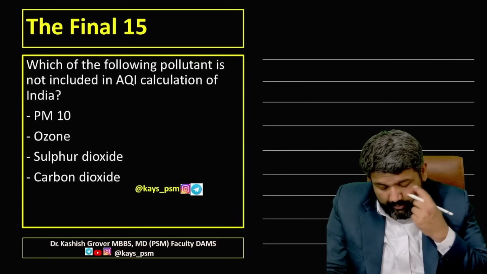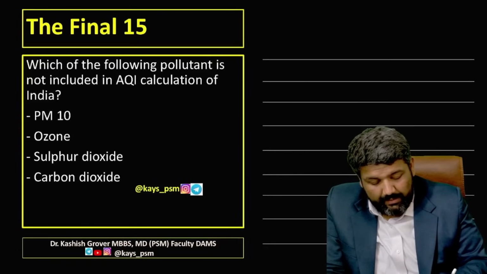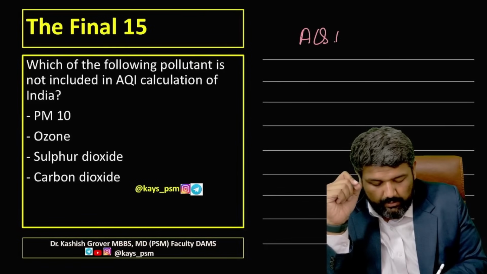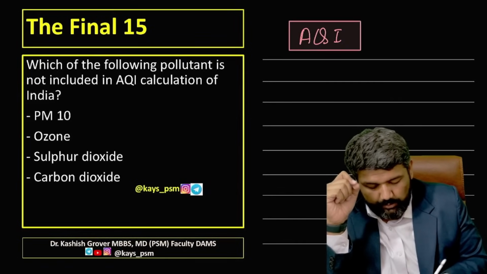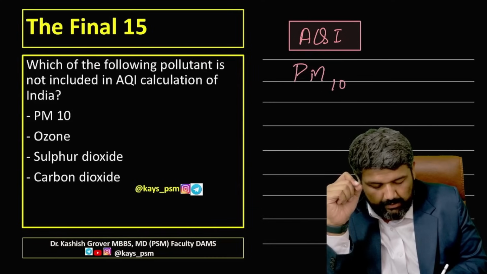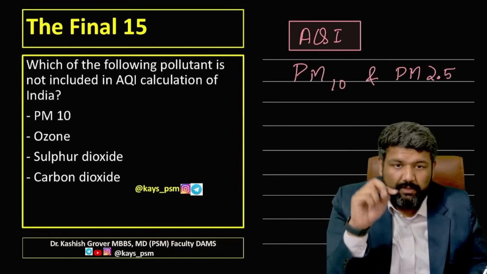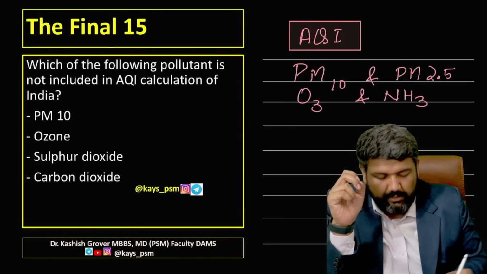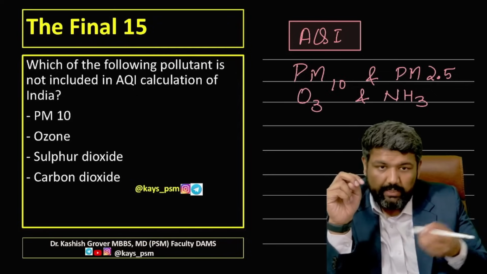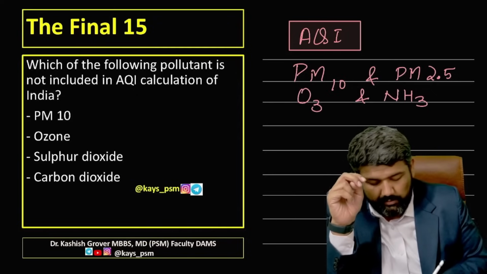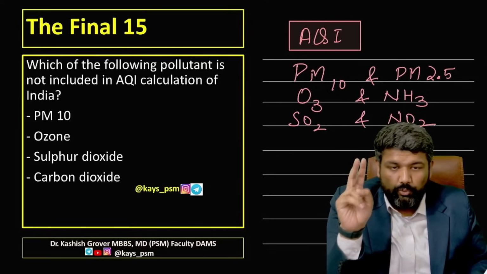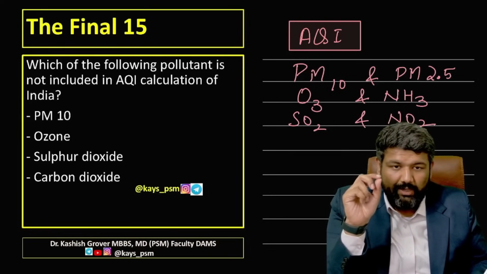Now, which of the following pollutants is not included? So guys, a very easy thing I will be telling you here. To calculate AQI, two PMs are included: PM10 and PM2.5. Three are included: O3 and NH3. SO2 and NO2 are included. Something else is included where we don't have 2, 3.